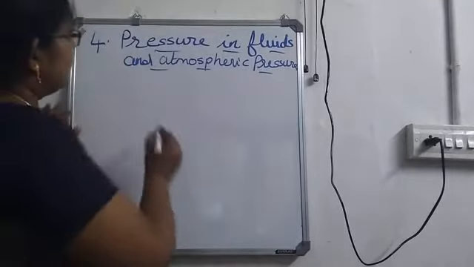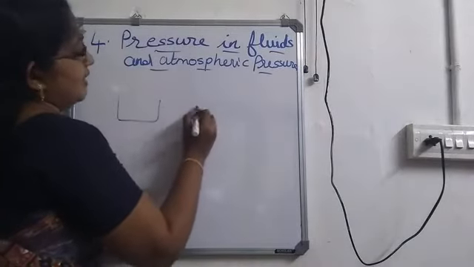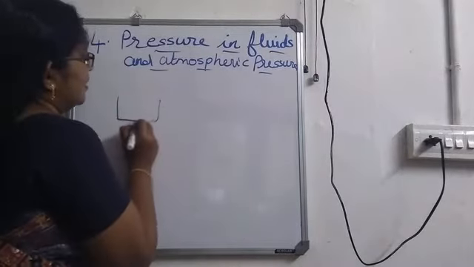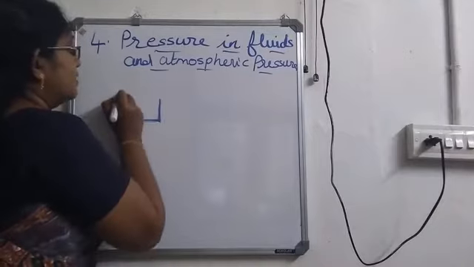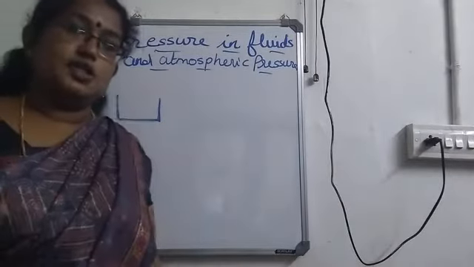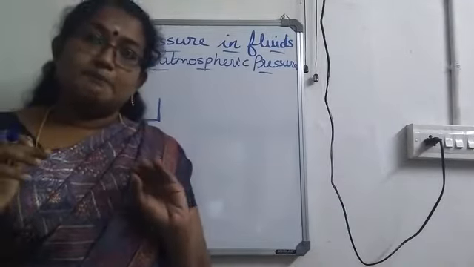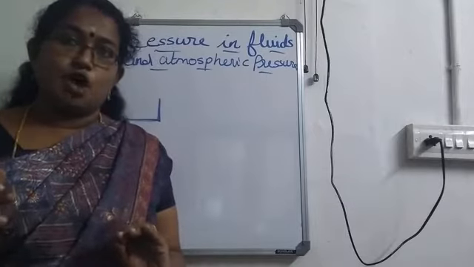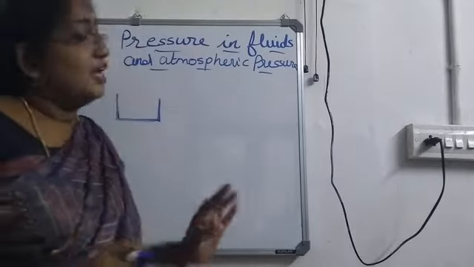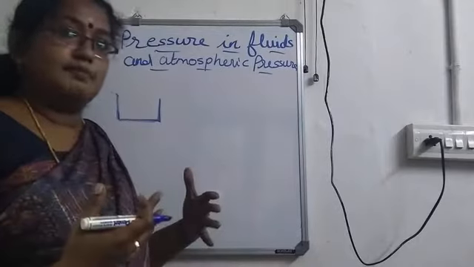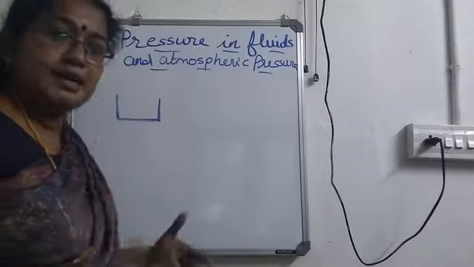For this, I'm taking two cylindrical vessels. We already learned about Pascal's law. Hydraulic machines work on the principle of Pascal's law, so we'll check the principle of a hydraulic machine.